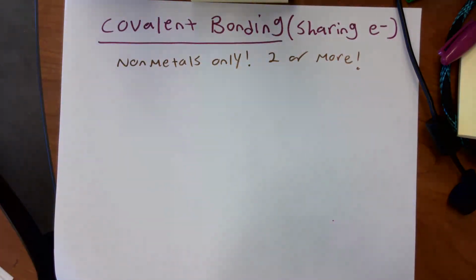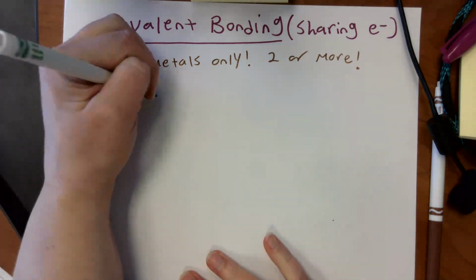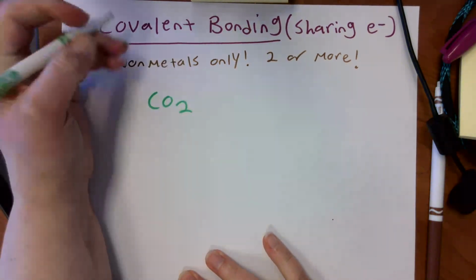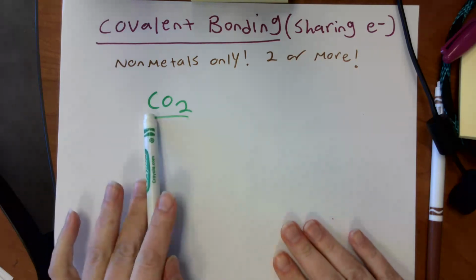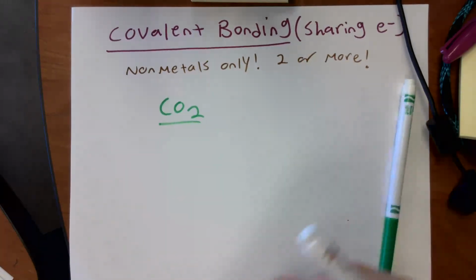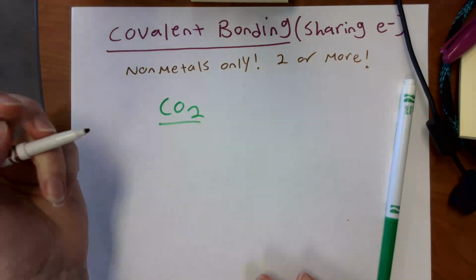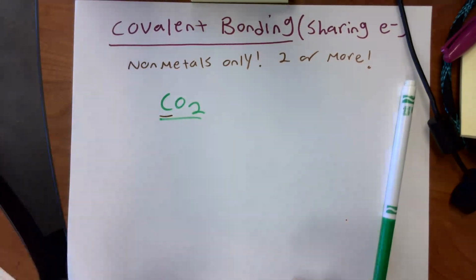You guys know that one pretty well, right? So we're going to look at CO2, also known as carbon dioxide. That's the stuff we breathe out of our mouths from our lungs, okay? And it involves carbon and oxygen. So I'm going to make carbon brown and I'm going to make oxygen green.